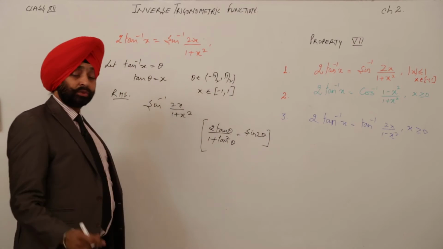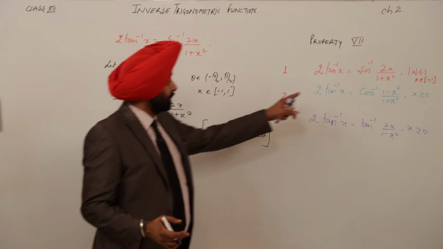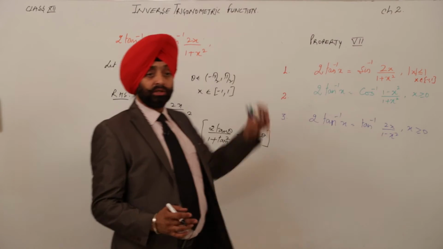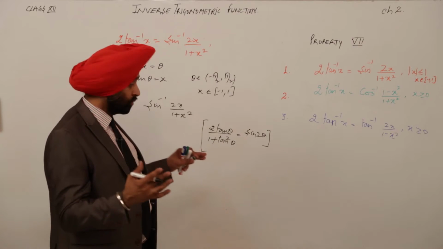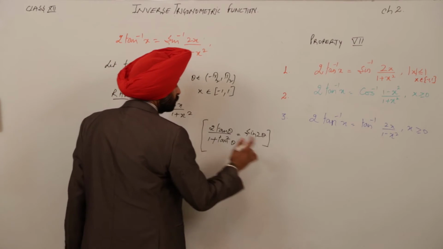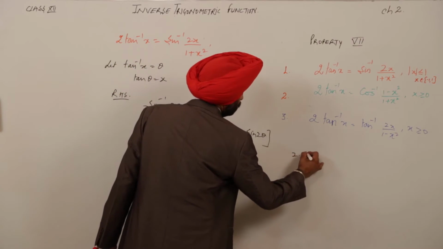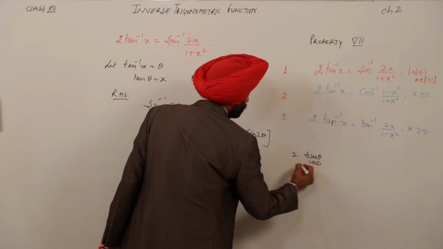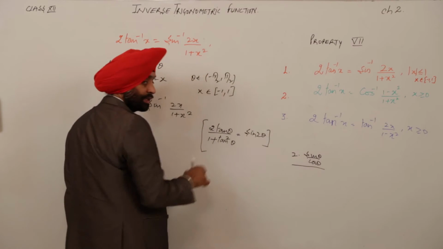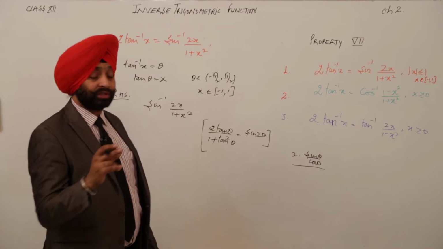And suppose you forget it sometimes, because here it is plus and here it is minus, you can just prove it. Just look here, 2 tan theta, can I write it as 2 sin theta upon cos theta upon 1 plus tan square theta? Now, 1 plus tan square theta is what? Secant square theta.